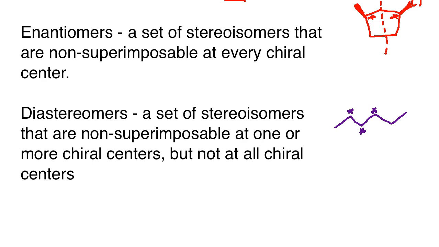So when we take a look at this, let's say that we rank these and we find that it's R, S, R. That means the enantiomer of the compound shown above would have to be the S orientation here, the R orientation in the middle, and the S orientation back at the top again. That would be an enantiomer because at every single chiral center, they differ in their orientation. The R's become S's, the S's become R's.